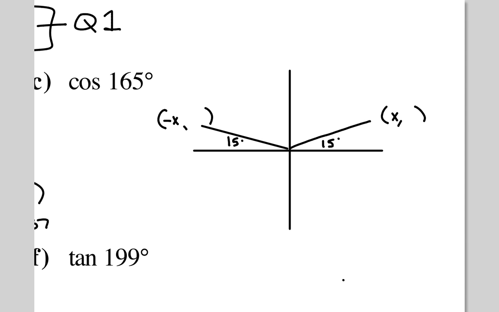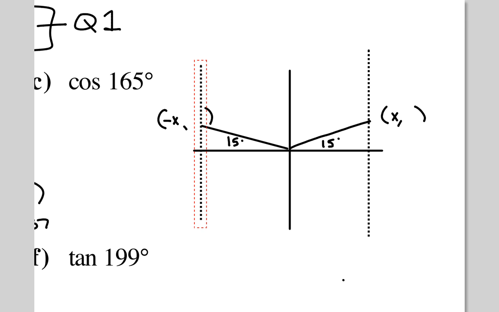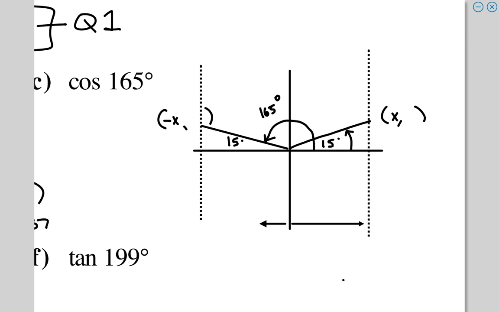So to think about these ones, you have to think about x distance. So for cosine of 165, which is over here, and cosine 15, which is right here, the distance is the same across, but they just go in the opposite direction.